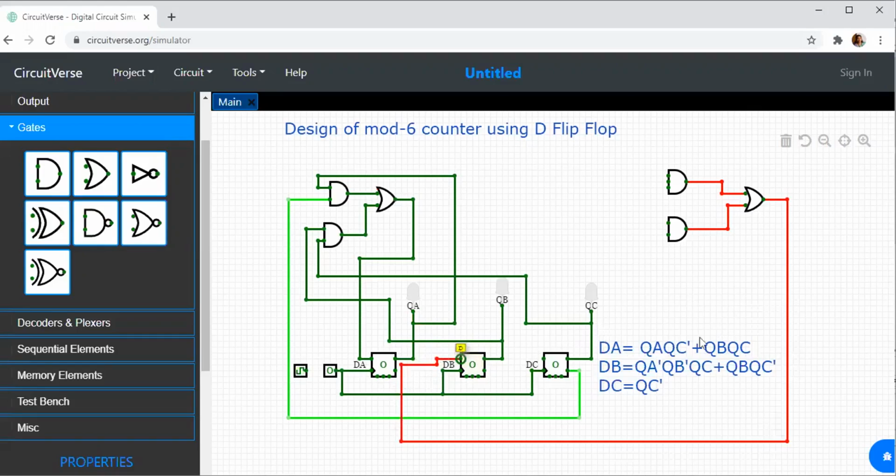What are the inputs to DB? QA bar. I already have QA, I can also put a NOT gate and make it QA bar. This is QA, this is QA bar. Then QB bar. You can either tap the signal from QB or make it a bar, both will work.